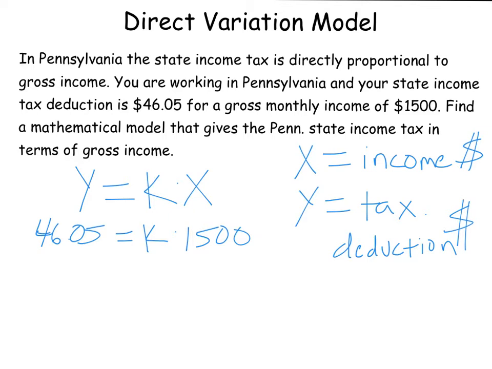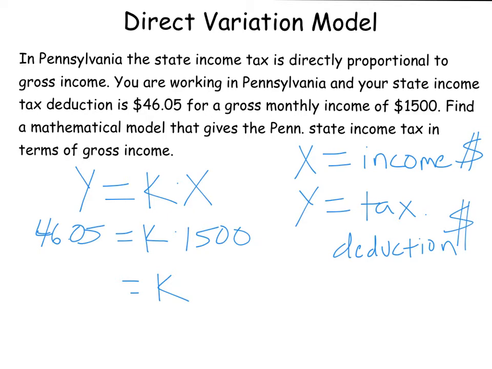We have this one individual. This particular month, they made $1,500. Their state income tax was $46.05. Essentially what k becomes is the rate. Got to solve for k.